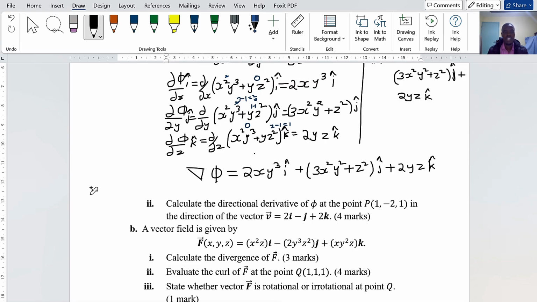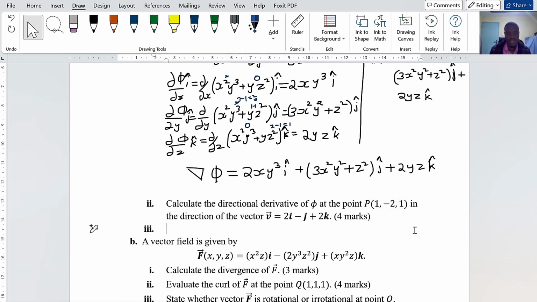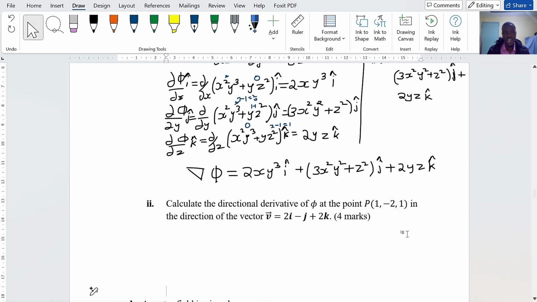So that is our vector we obtain when we operate on a scalar field. So the gradient operates on a scalar field to give us a vector field. So that is what we have for our first question. It is Roman 1.